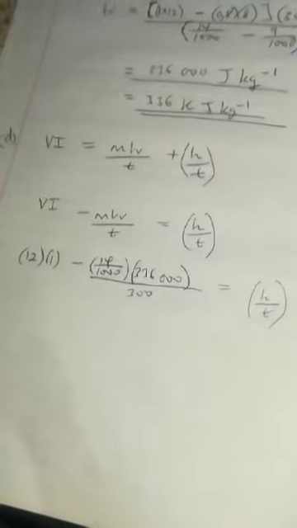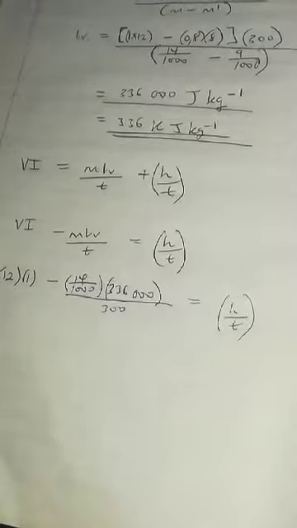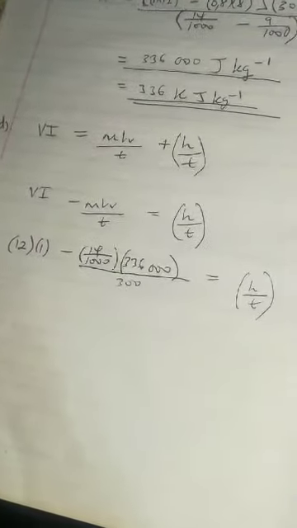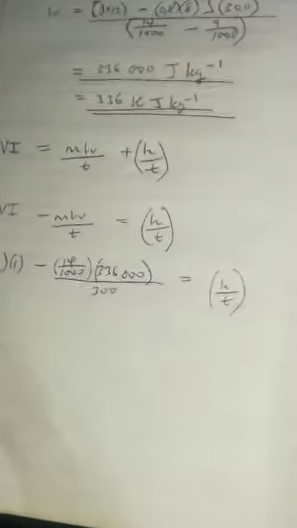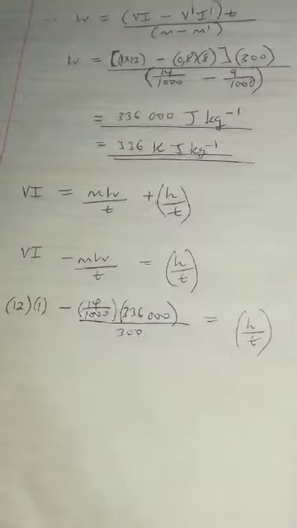Now let me punch this in. So we have 12 multiplied by 1, subtract 14 over 1000 multiplied by 336,000 over 300.